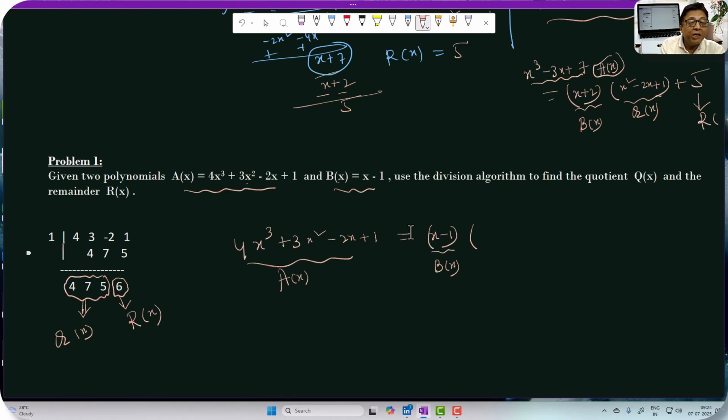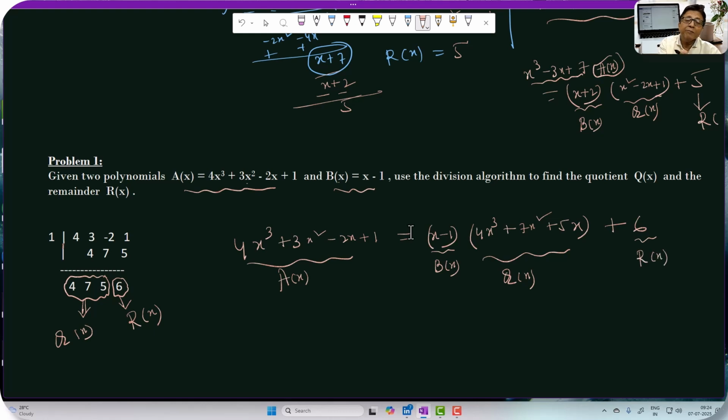And this polynomial, when once you divide by x minus 1, will be the index and degree less than by 1 from this. So there will be 4x squared plus 7x plus 5x plus 6. This is quotient I have written here and this is the remainder.